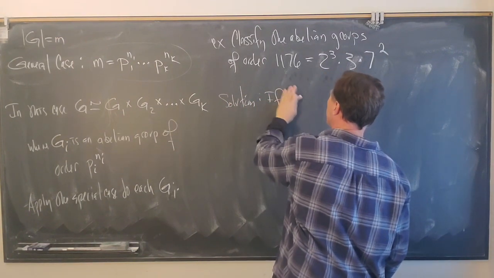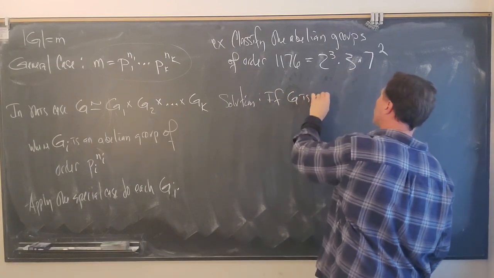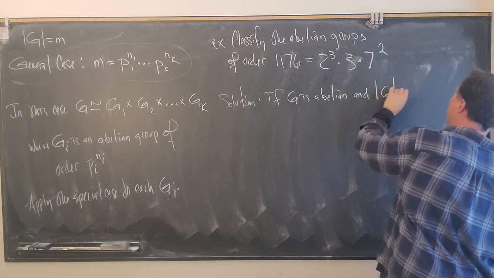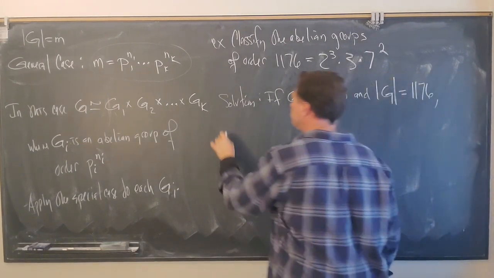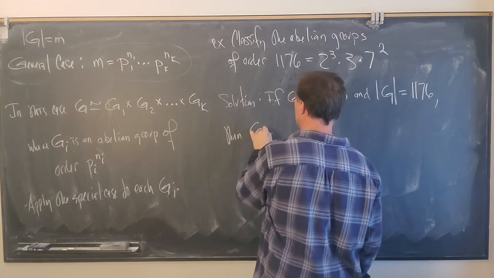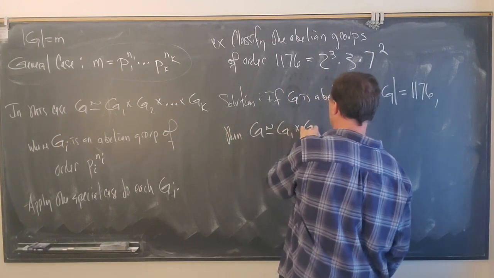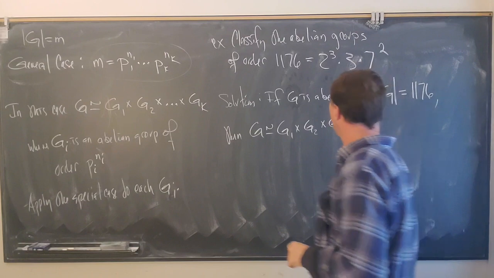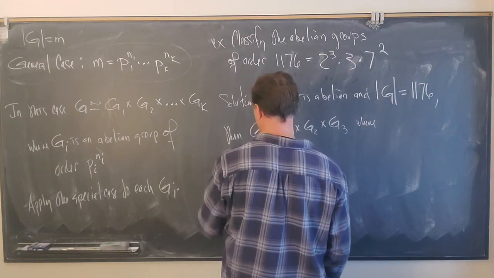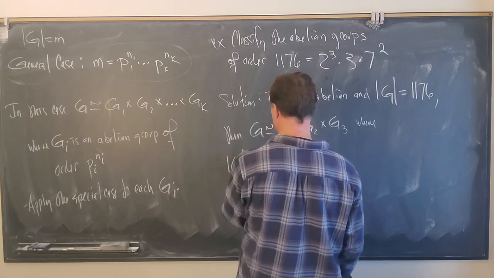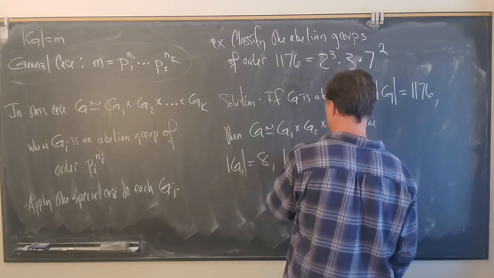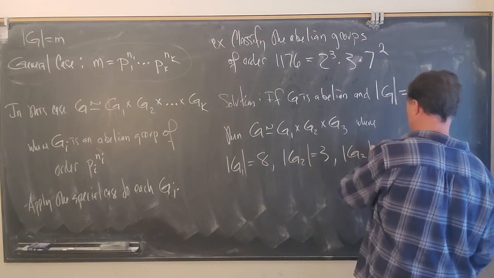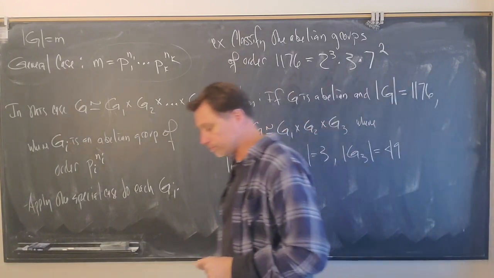If G is abelian and the order of G equals 1176, then G is isomorphic to G1 cross G2 cross G3, where the order of G1 equals 8, the order of G2 equals 3, and the order of G3 equals 49.